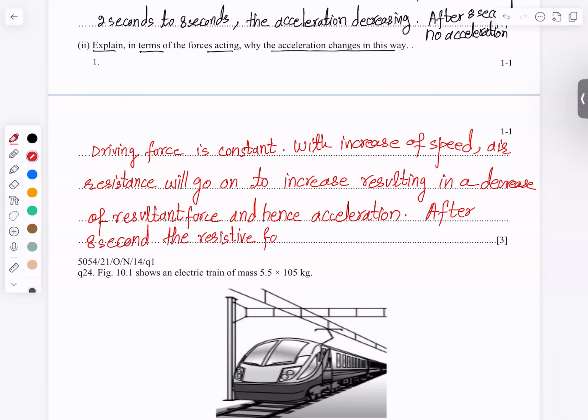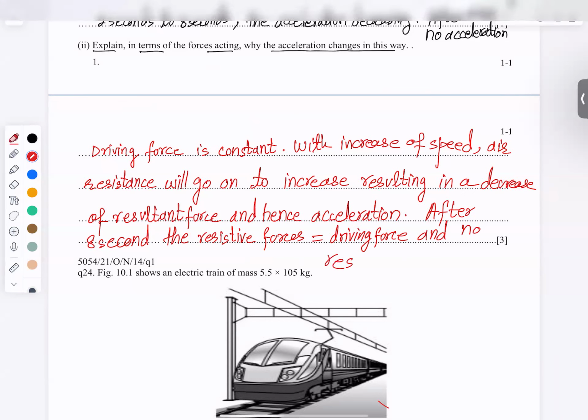The resistive forces become equal to the driving force and there is no resultant force on the motorcycle. That's why the speed becomes constant. So when the resultant force becomes zero, the motorcycle will have no acceleration and the speed will become constant. So this is the answer.